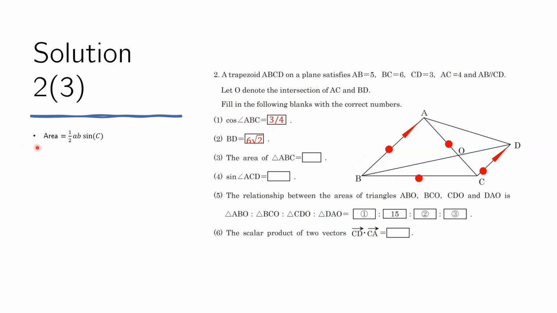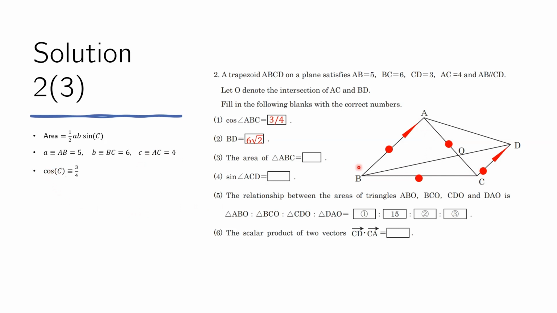So again, what we're using is the relationship that area is equal to 1/2 one side times the other side times the sine of the angle. Let a be this side here, which is 5, and this side is BC, which is 6. And we just put this here for completeness, AC equals 4.